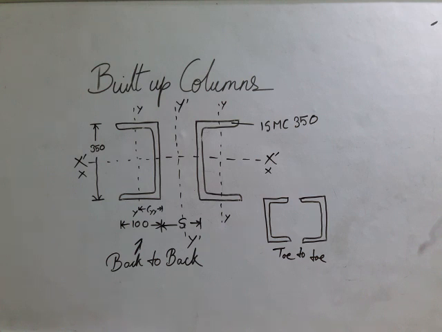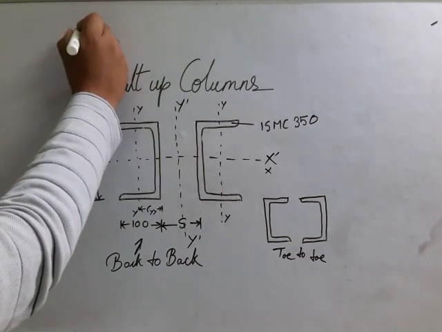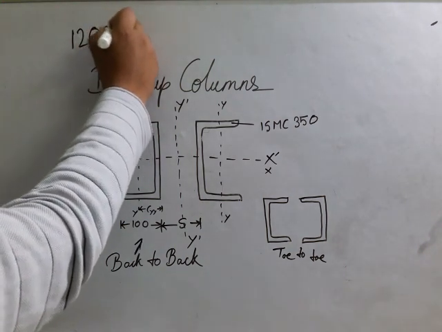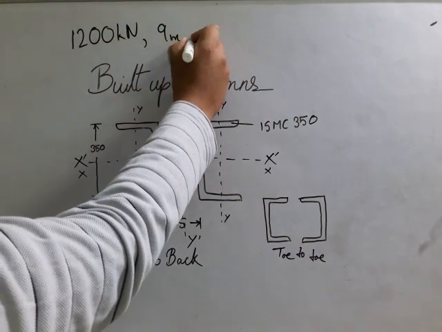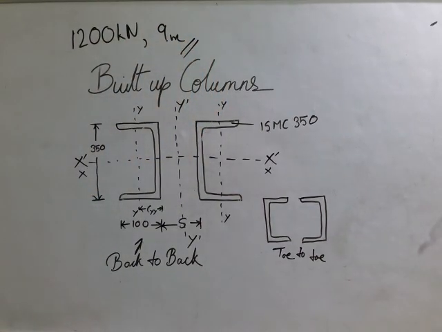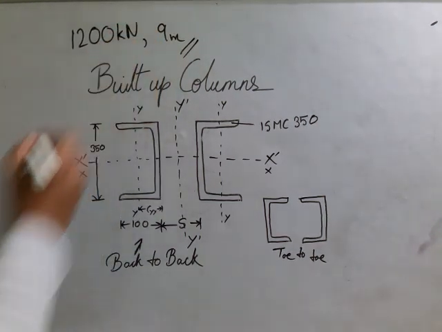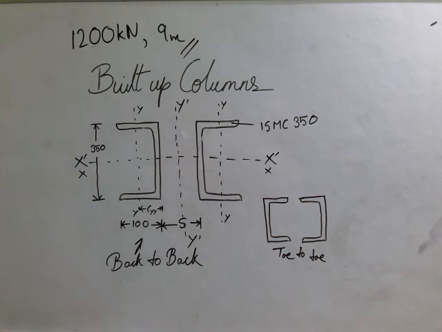So you can write it down. 1200 kilonewton load is given to us, the length of the column is given as 9 meter, and it is said that the column is fixed at both ends. That is the boundary condition. So fixed at both ends, you can write it down.